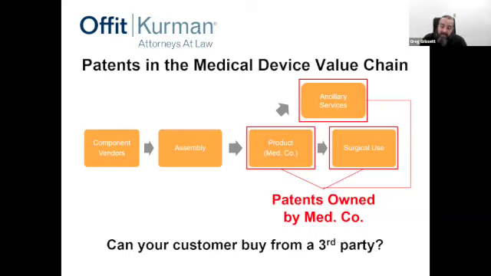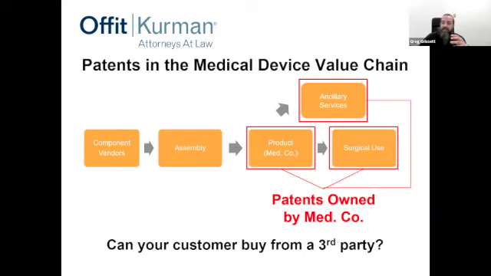What this does also, by implication, is it adds one more layer of difficulty for a customer to switch, if you have patent protection on the surgical use, the product, and the ancillary services. Now practically in the medical device space, and certainly in the area that I've worked in, when you're drafting an application on the product, there's always a discussion about its surgical use and where it's going in the body and how it's going in the body.